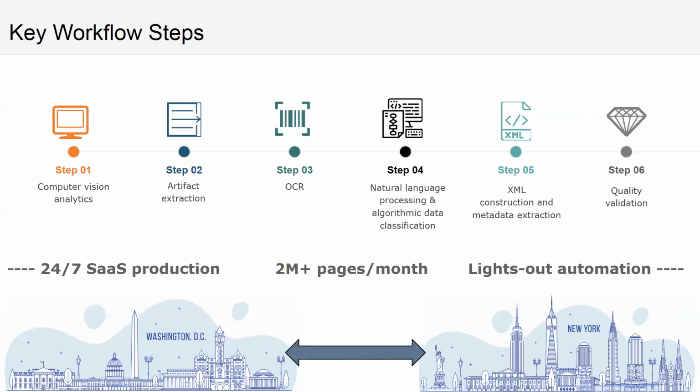It gets packaged together and then gets put in a folder which the patent office picks up from us. This runs 24/7, the 2 million plus pages a month, and it's now in its 5th year.